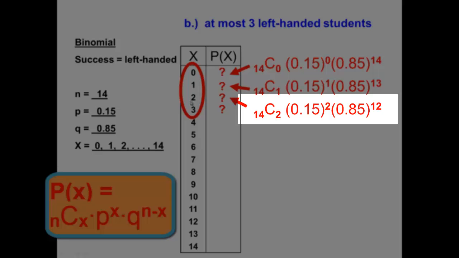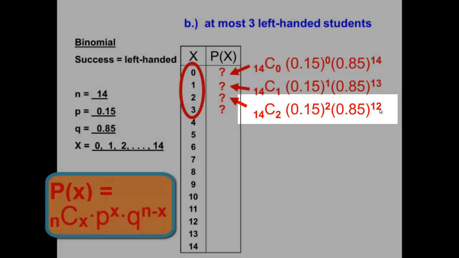The third formula here is where x equals 2, and that would be 14 choose 2, since we have 2 successes, and that would be 0.15 to the second power, again because we have 2 successes. And because we have 2 successes, there would be 12 failures, because 14 minus 2 leaves 12 to be our failures.